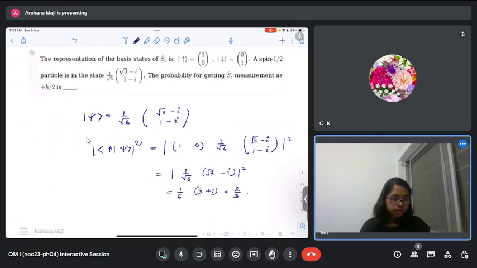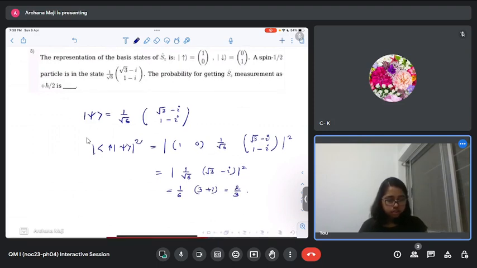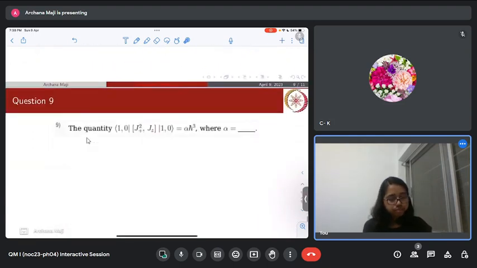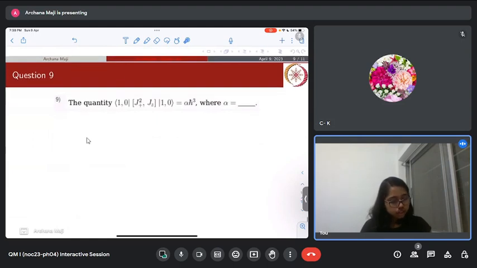I hope you understand. What is this quantity? If this quantity is alpha h cross cubed, then what is alpha? Can you do this? So this is 1 0, so j is 1, so m can take values from -1 to 1, that is -1, 0 and 1.